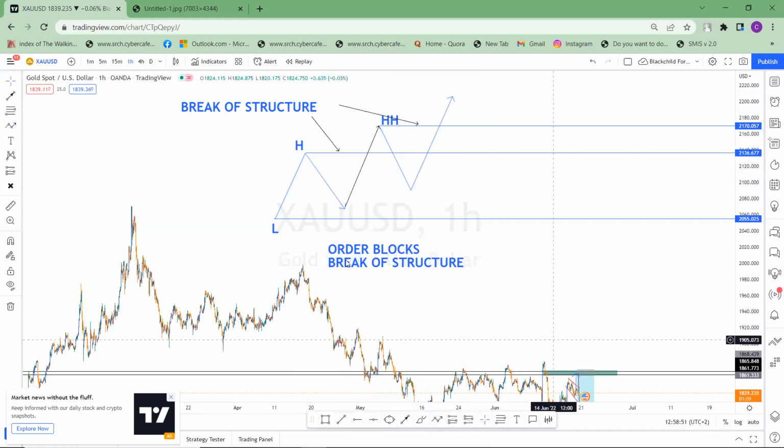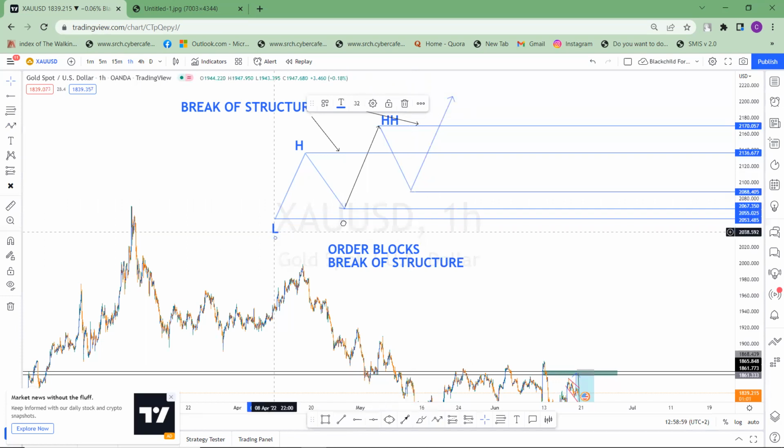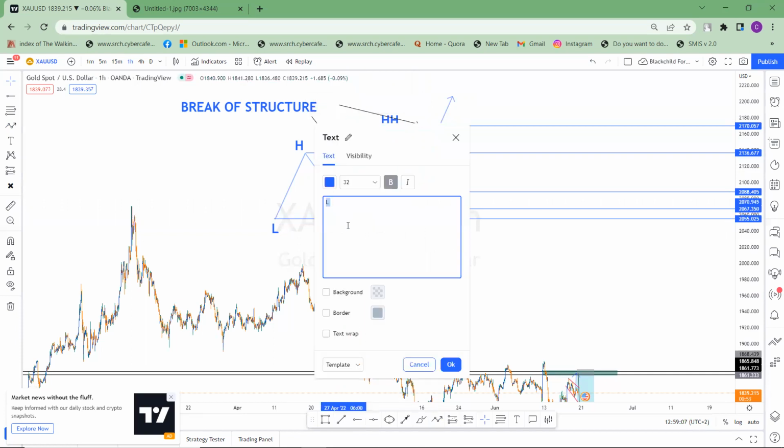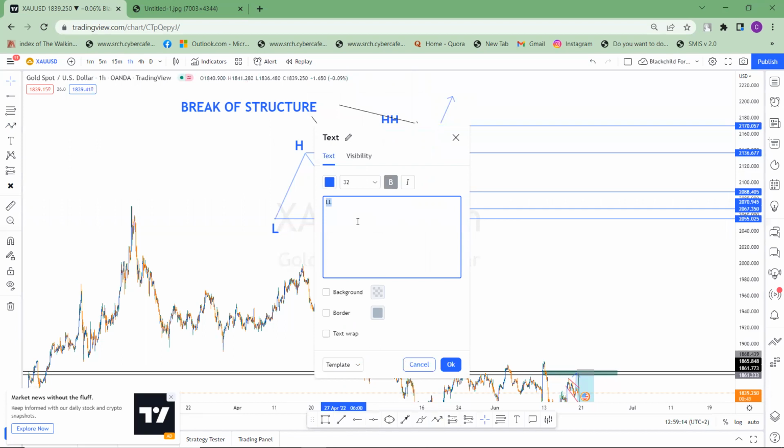In this case, this is my new lower low, and this is also my new lower low. Because this is not a new lower low but a new lower high, it's actually higher than the lowest low.